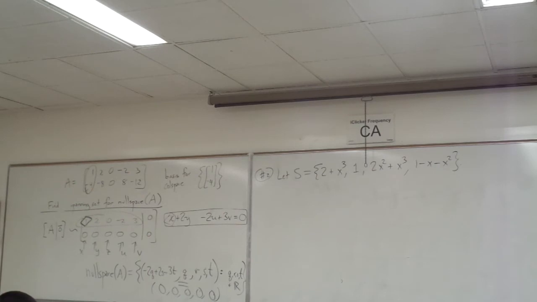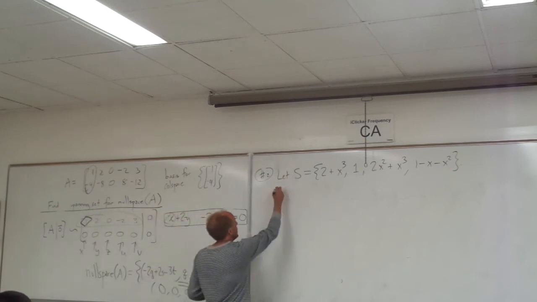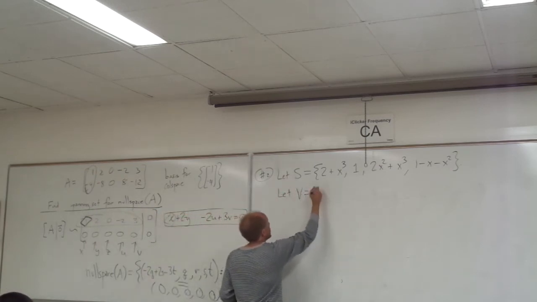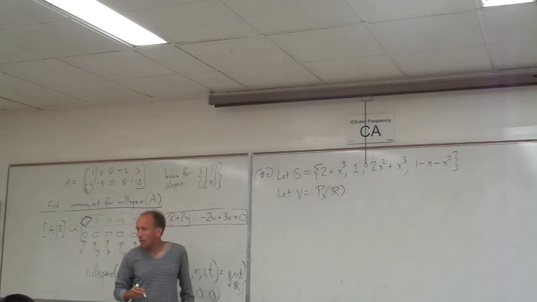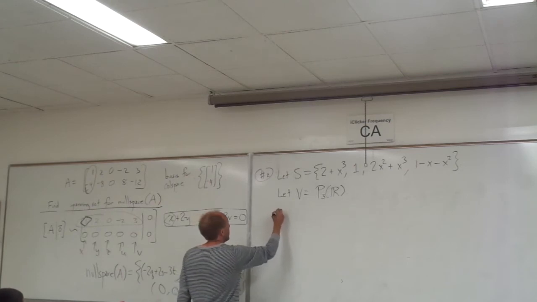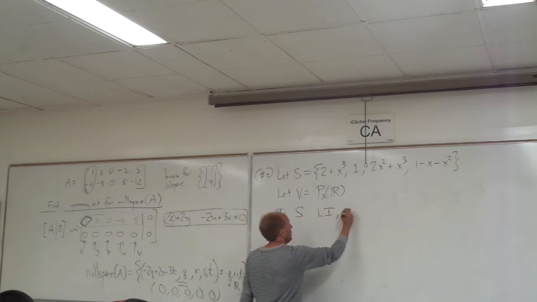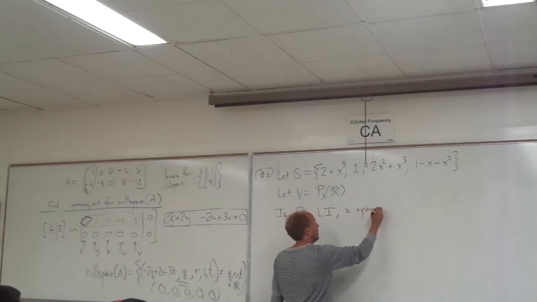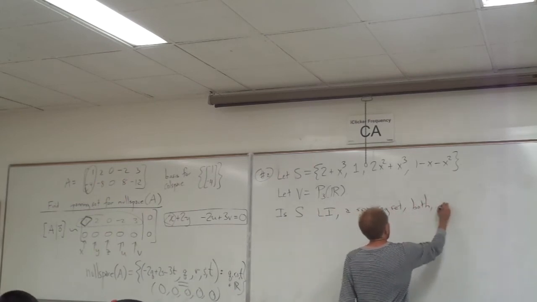I'm changing the problem from what's on the handout there. And then let V be equal to P3 of R. And I'm just simply going to ask, basically, is S linearly independent, a spanning set, both, or neither?